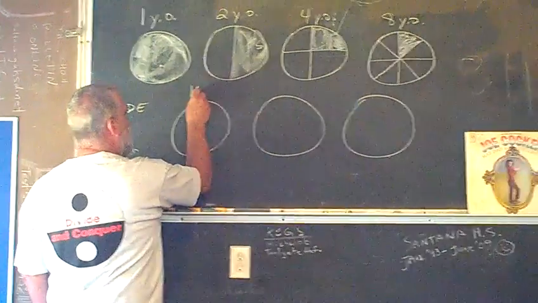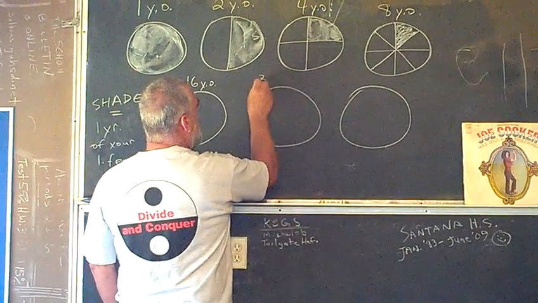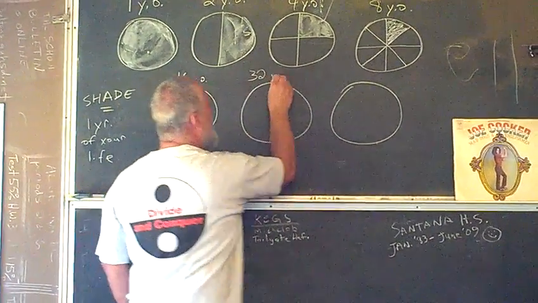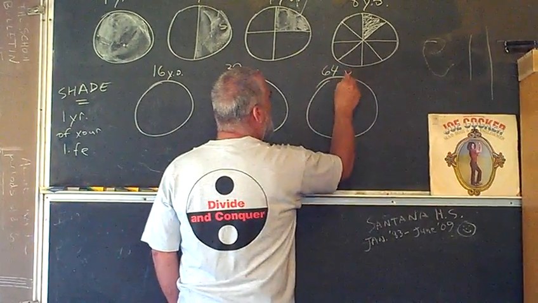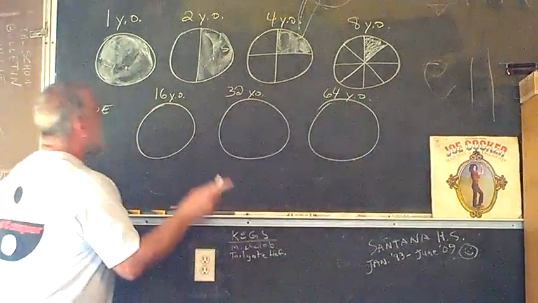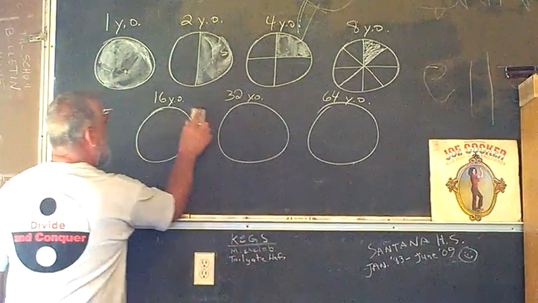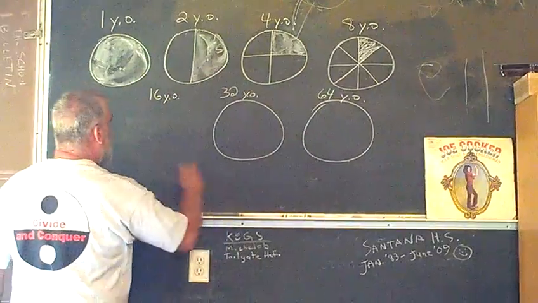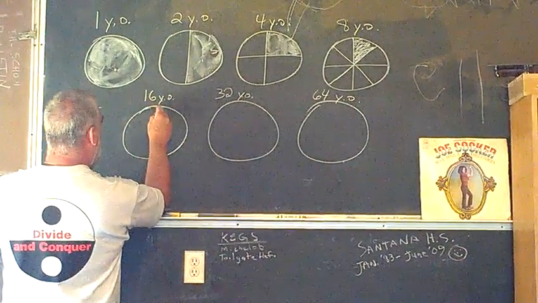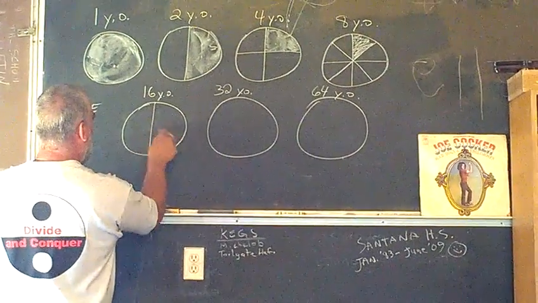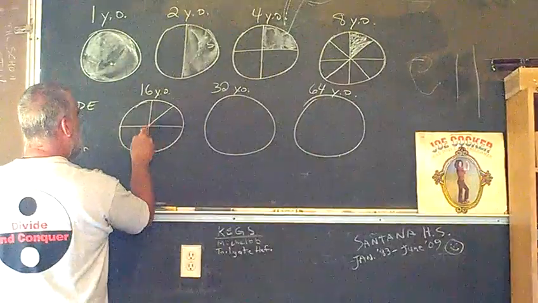So when you go to 16 years old, and then 32 years old, and then 64 years old. When you're 16 years old, that's not a very good circle, so I'll try to do this one a little bit better. I'm going to cut this in half. That's 2. That goes to 4. This goes to 8.